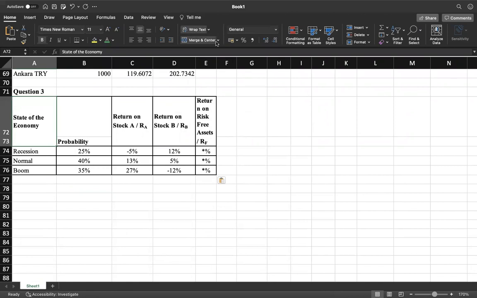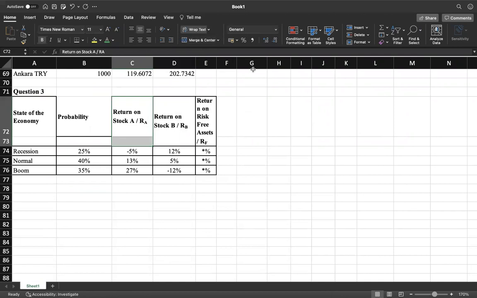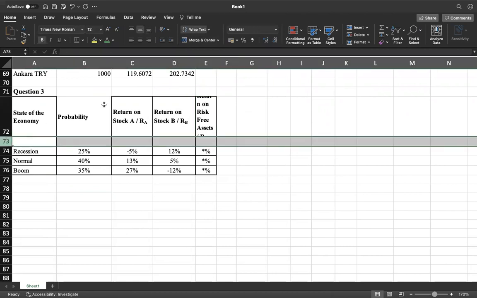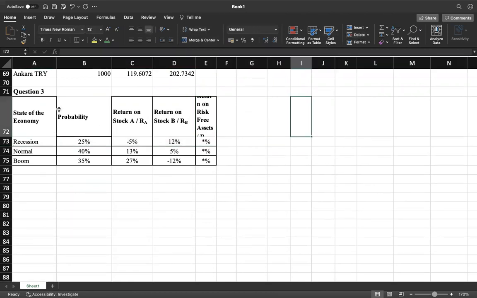Okay, I somehow adjusted. This one goes to here. I am deleting it. I am unmerging it. I am deleting that part.